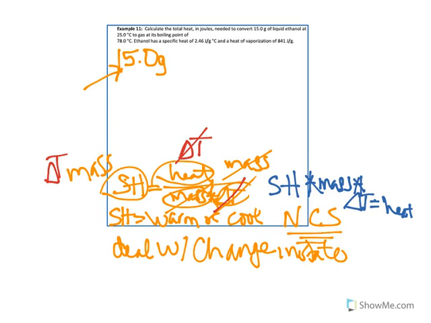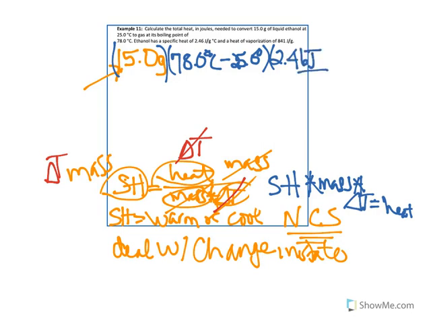So we have the mass, the change in temperature. We are going from our final temperature of 78 degrees Celsius to 25, which was our initial. Okay, that's our change in temperature. And our specific heat was given as 2.46 joules per gram per degree Celsius.